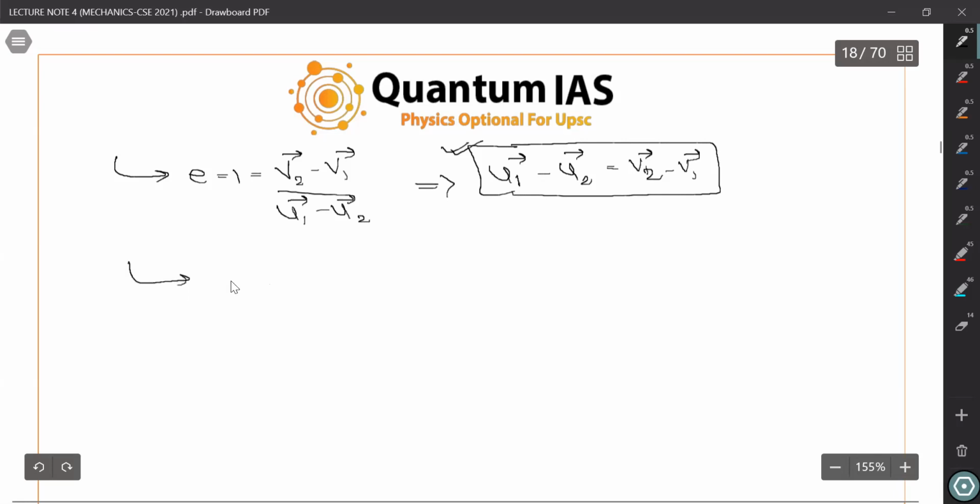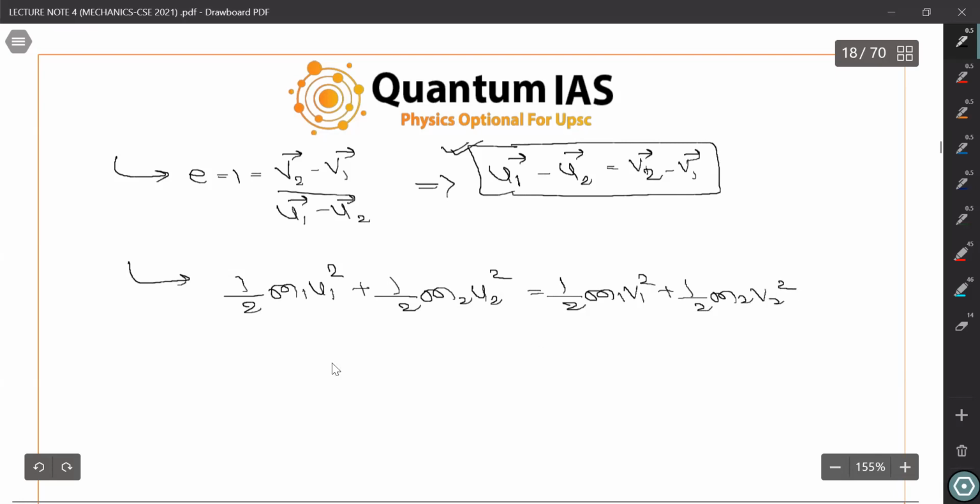Also, the energy is conserved: half m1 u1 square plus half m2 u2 square is equal to half m1 v1 square plus half m2 v2 square.